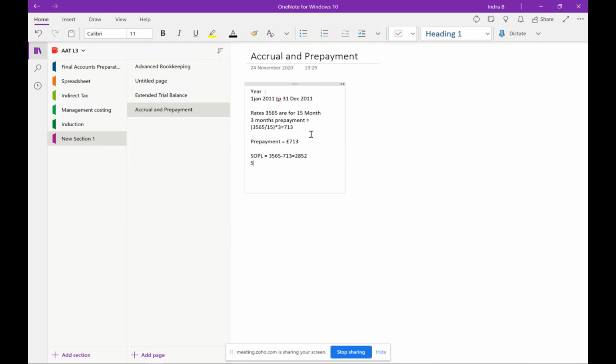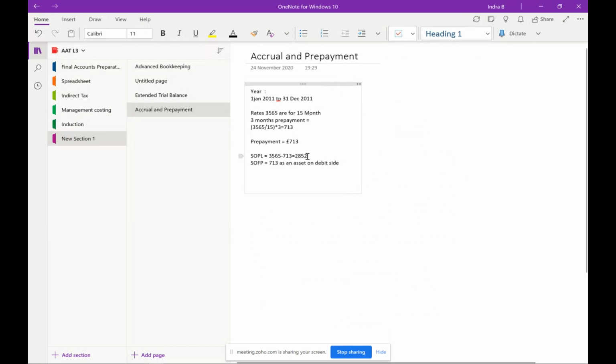And statement of financial position will show 713. No, sorry. That's not as an asset. Asset because it's already paid. As an asset on debit side. Yeah. This is how we will show.